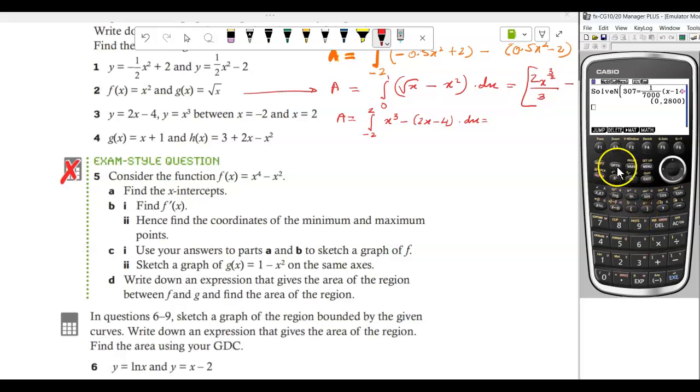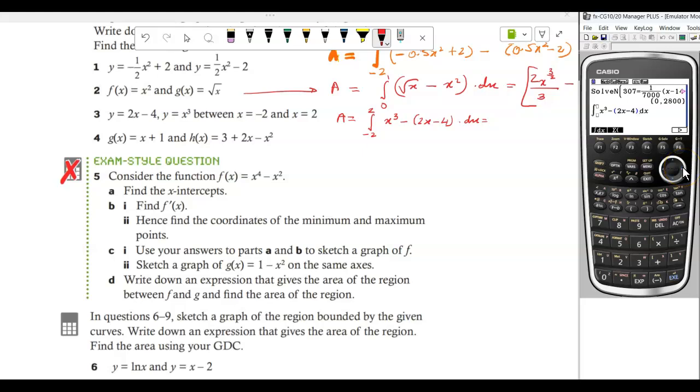You put in the integral and type in this entire thing, because the calculator only gives you between intersection or between the x-axis. 2x minus 4.